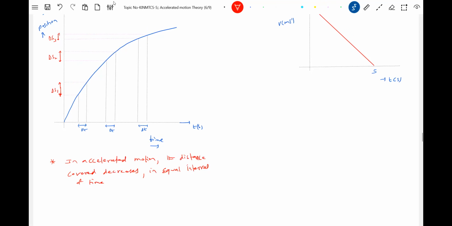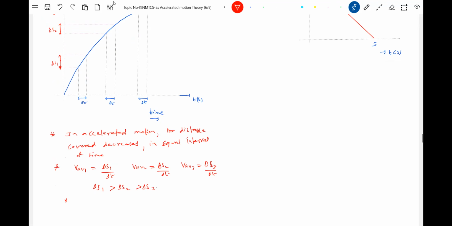What will happen to average speed? I think we have one more idea. Just now we have discussed average velocity. So V average 1, we can write delta S1 by delta T. Delta S1 greater than delta S2 greater than delta S3. Average velocity taken over equal intervals of time will decrease.